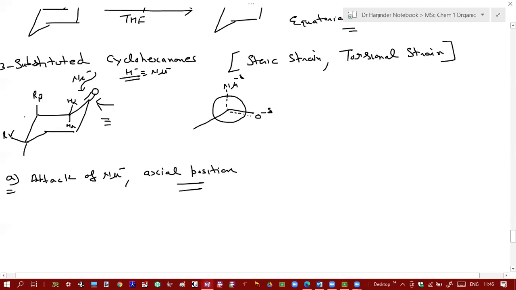And the remaining bond, this one, will be like this. Towards its back you have this carbon, and then this beta carbon. Over this carbon you have the beta substituent group, and then the remaining groups. And here these two hydrogens are there, one H alpha here and one H alpha over here. So you will get this transition state when attack takes place from the axial position, and you get this equatorial alcohol.